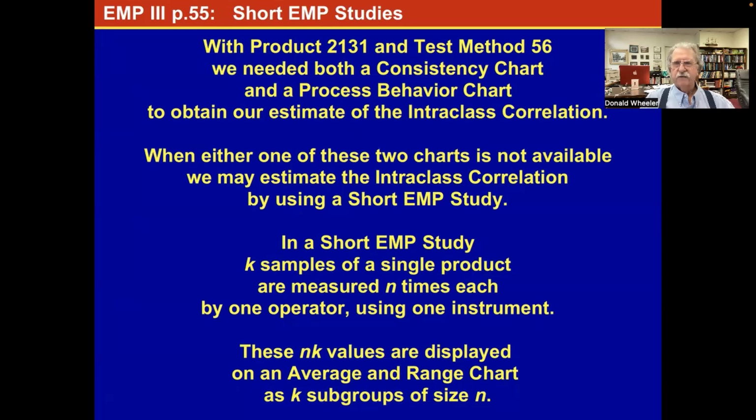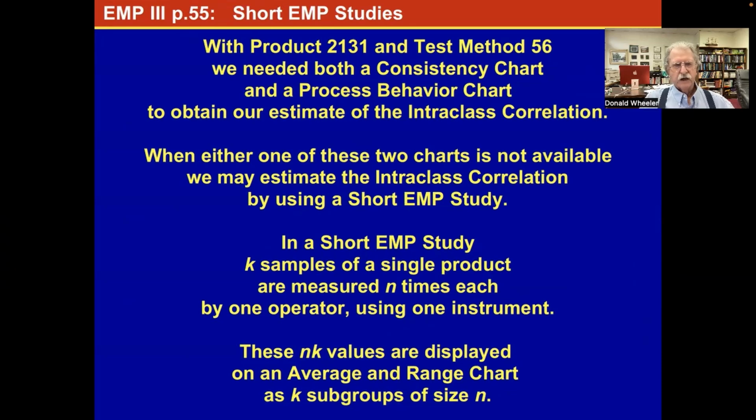And frankly, that's the preferred methodology, if you can. But when either one of these two charts is not available, we may have to resort to estimating the interclass correlation by using a short EMP study.